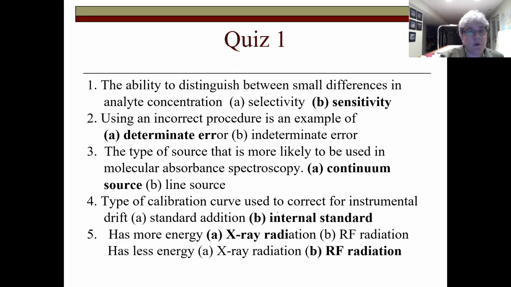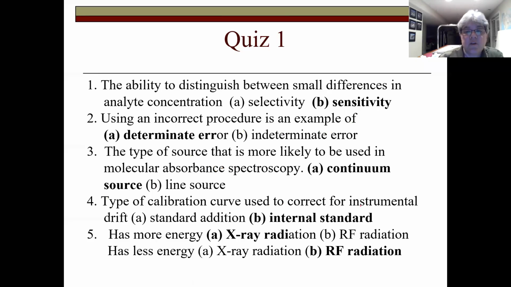All right, so first there was just some multiple choice. These were actually choose one. You only had 2 choices. So simple definitions. Ability to distinguish between small differences in concentration, sensitivity. Using an incorrect procedure is a determinate error. The type of source for molecular would be continuum.